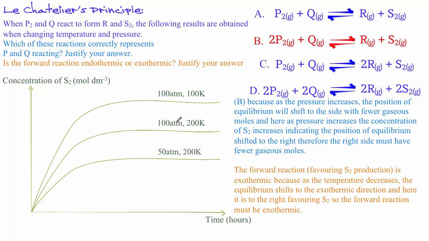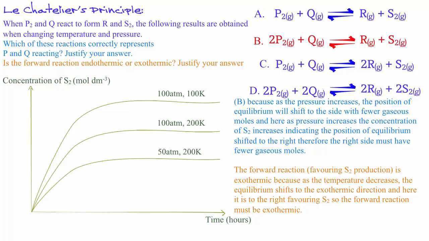As pressure increases, position of equilibrium will shift to the side with fewer gaseous moles. If S2 is increasing, therefore the concentration of S2 is increasing, i.e. position of equilibrium shifted to the right. S2 must be on the side with fewer gaseous moles. Option B is the right answer.